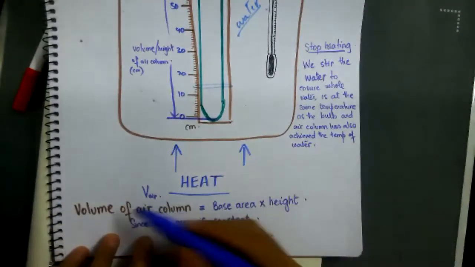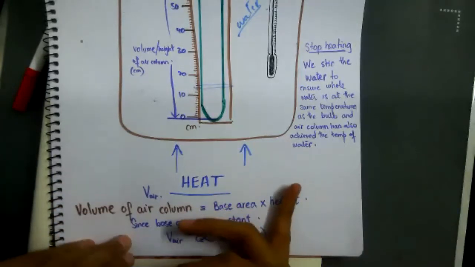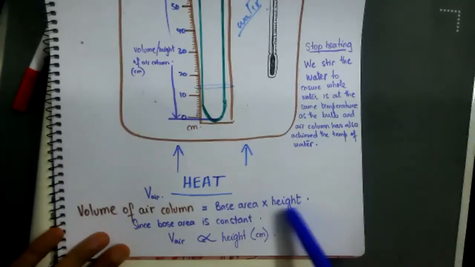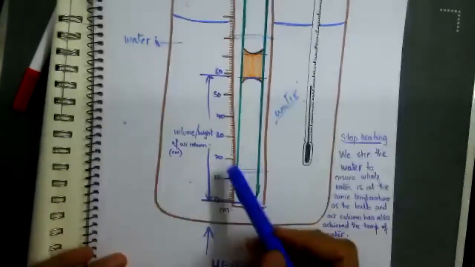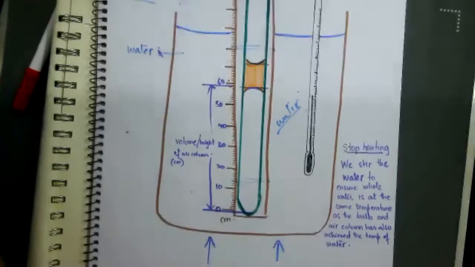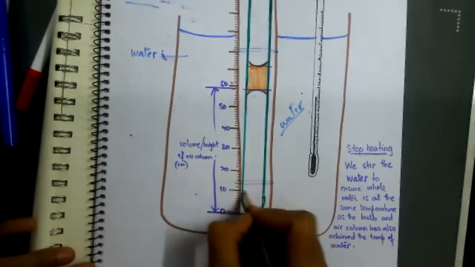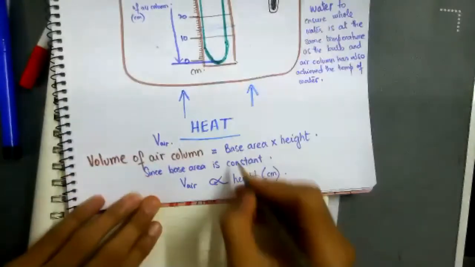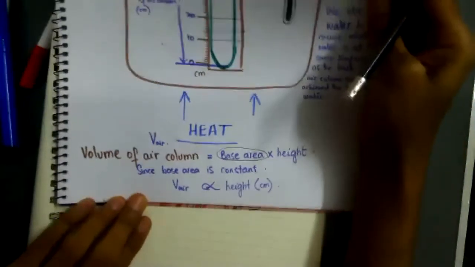Because you know the volume of any 3D object. You have done it in mathematics: base area multiplied by height. Whatever the height is, the base area is the same because this is a uniform tube. It stays the same no matter what the height or temperature is.